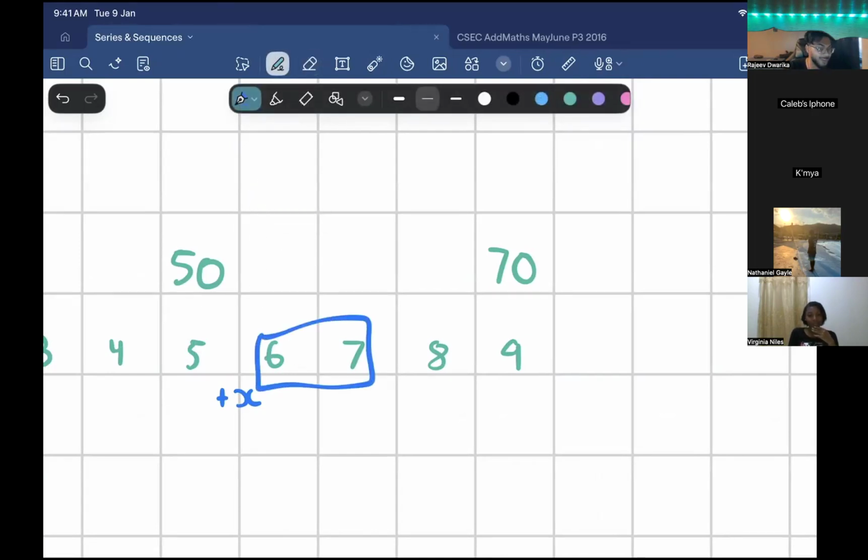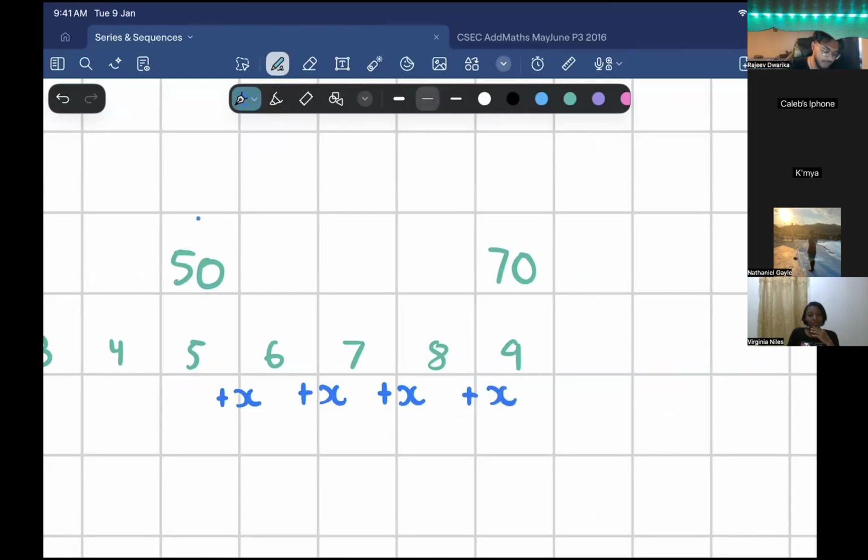Now let me use that trend going forward. From the 6th to the 7th term, we add X again. From the 7th to the 8th term, we add X again. And from the 8th to the 9th term, we add X. So here is how simple this is.